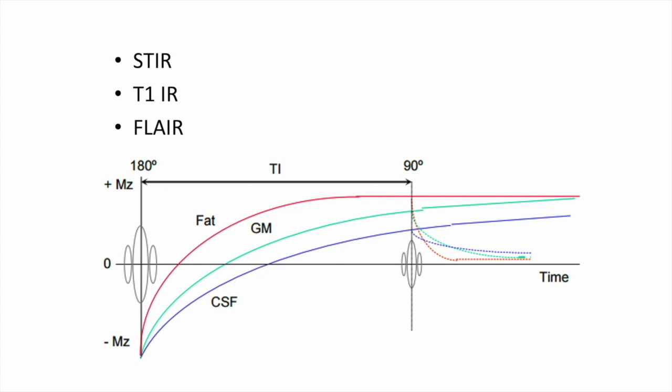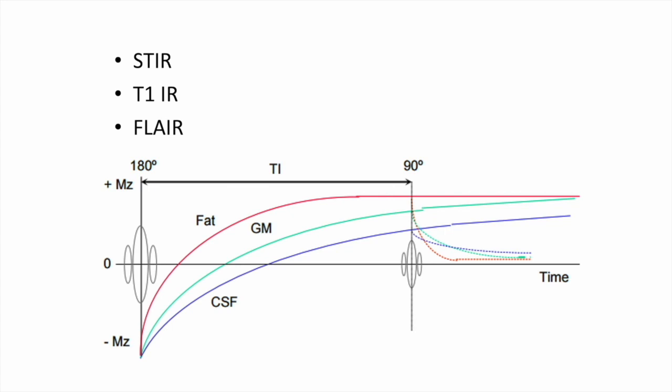The 180-degree inversion pulse in an IR sequence results in a 180-degree inversion of the magnetization into the negative side of the z-axis. This is followed by regaining of the magnetization from the negative to positive side of the z-axis in the protons.